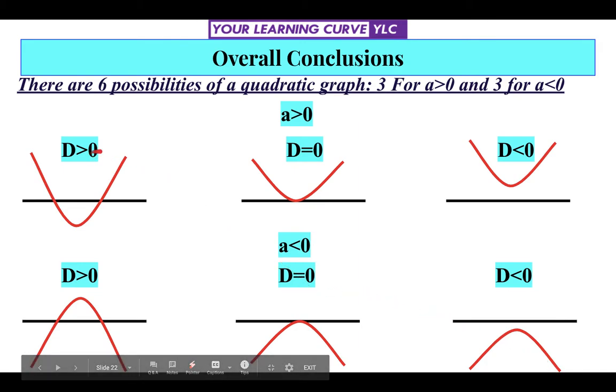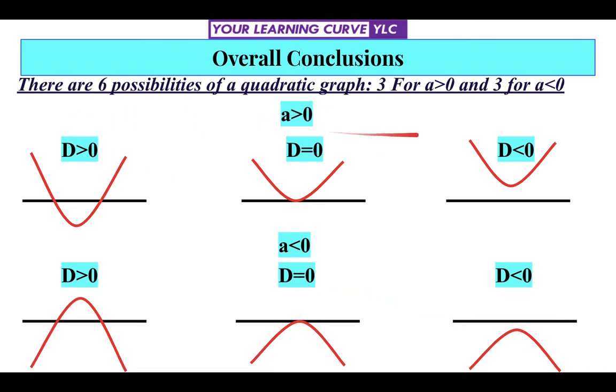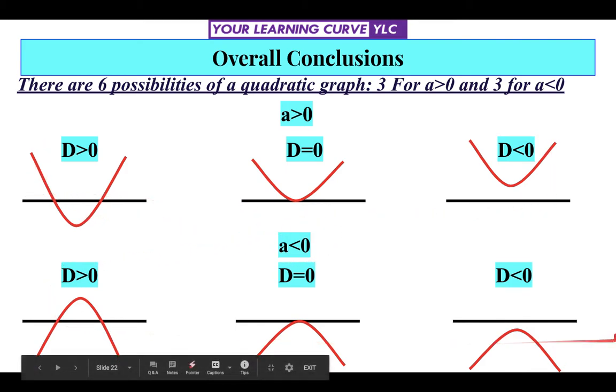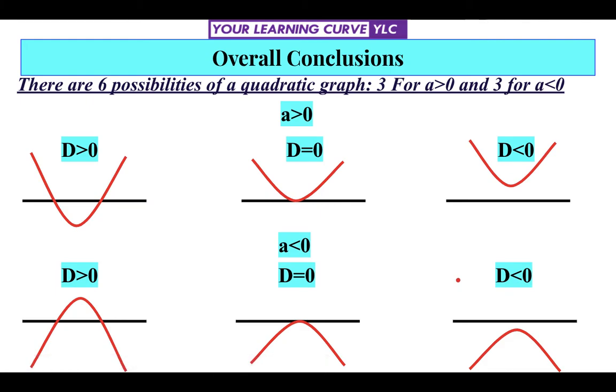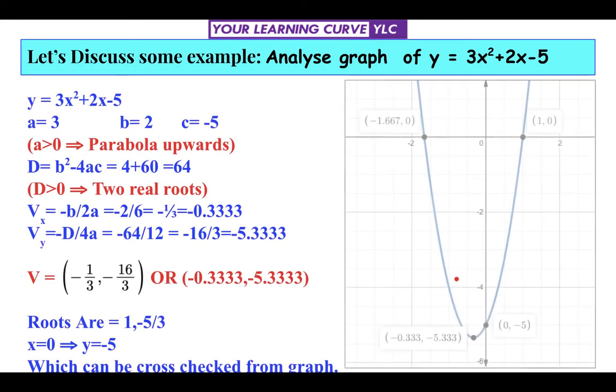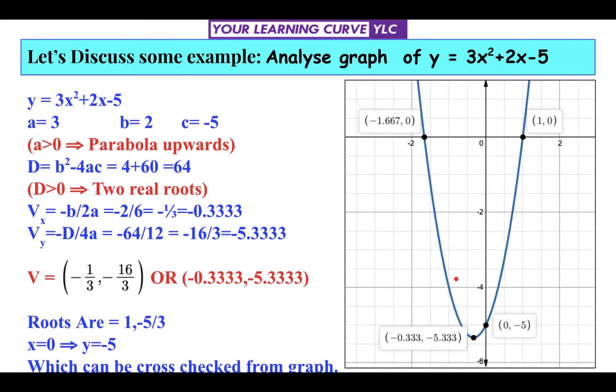Means if a is positive, these are the 3 possibilities of graphs, and if a is negative, these are the 3 possibilities of graphs. If you remember these 6 graphs, you will be able to solve any question on quadratic graphs.